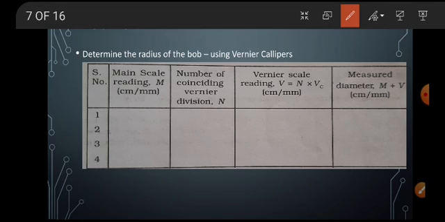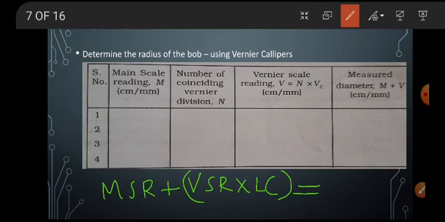So by using Vernier calipers, main scale reading, MSR, plus Vernier scale reading into least count gives the reading. This is the formula to find out the reading.